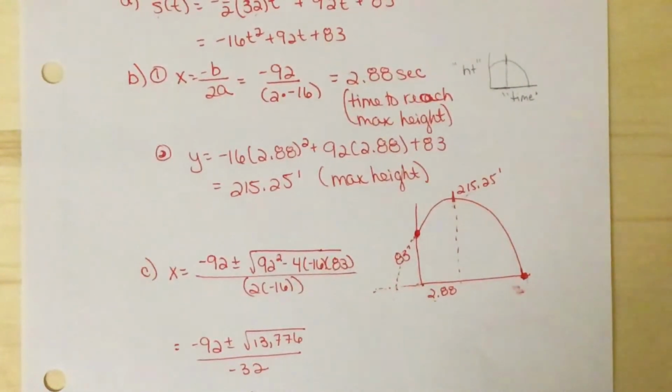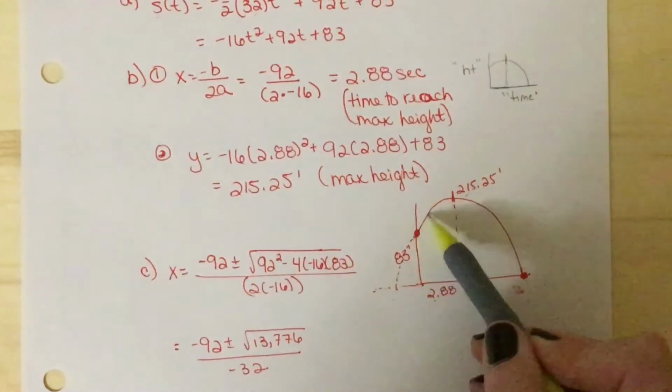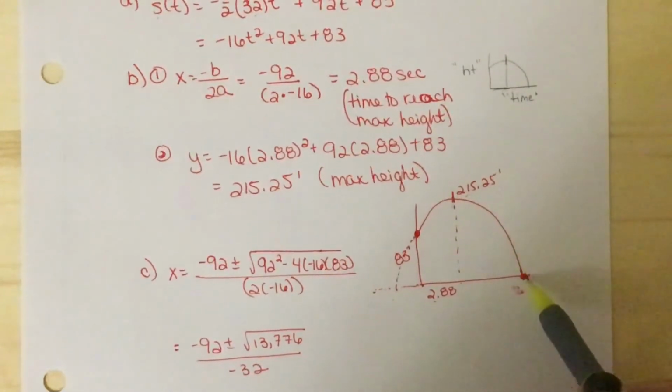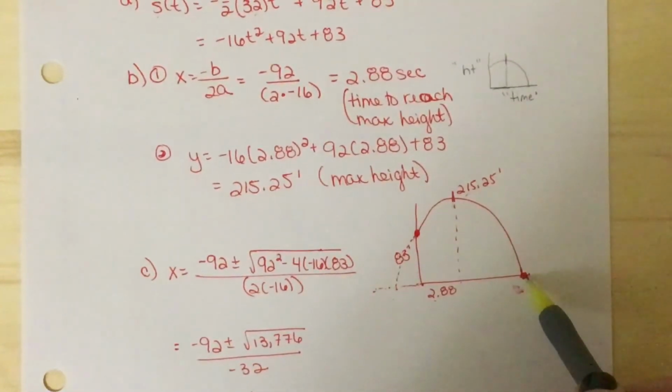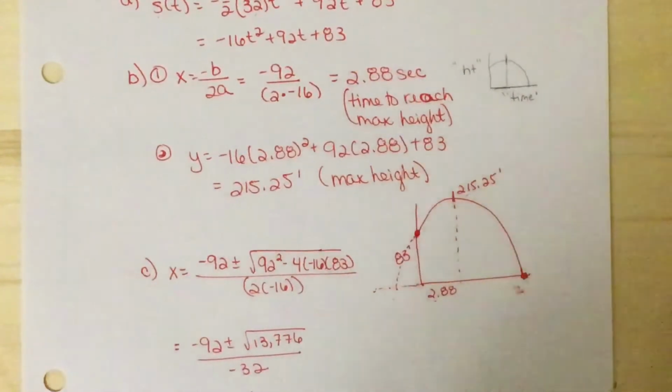Then the last question asks, what is the vertical velocity when it hits the ground? So we had the initial velocity when it started, but when it actually lands, how fast is the ball going? And that's where we can use our second equation that was given, velocity equals negative gt plus the initial velocity.